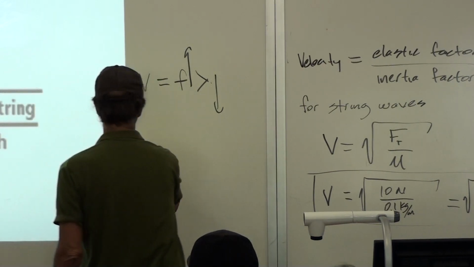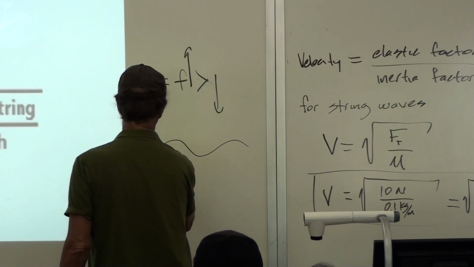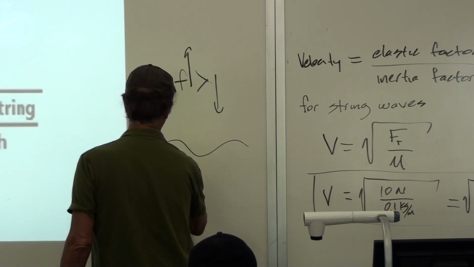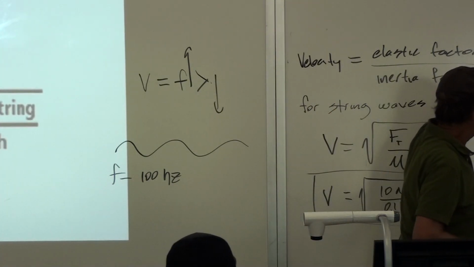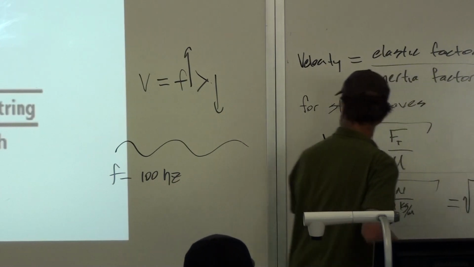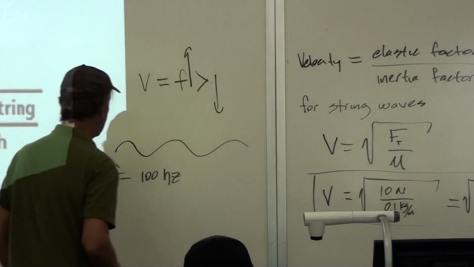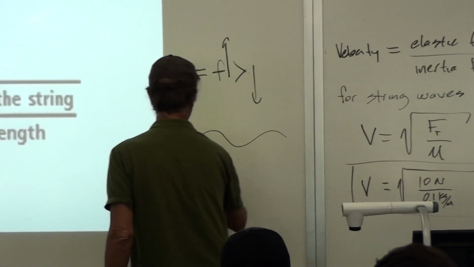So let's say we start out with a wave like this that has a frequency equal to 100 hertz. We have a velocity of 10 meters per second and a mass per unit length of 0.1 kilograms per meter. From this, we should be able to figure out the wavelength.